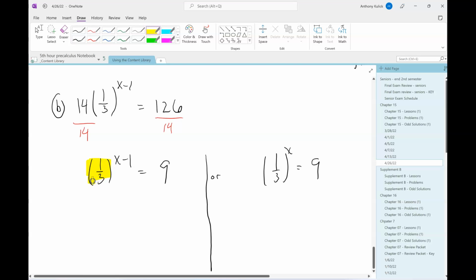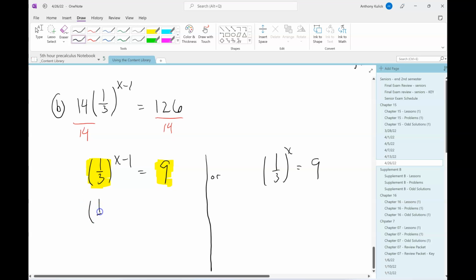So our goal here now is going to be to rewrite 9 as a power of 1/3. Now that's a little bit more difficult question than the previous one, although I can see a relationship between 9 and 3, right? What's the relationship between 9 and 3? Squared again, right?